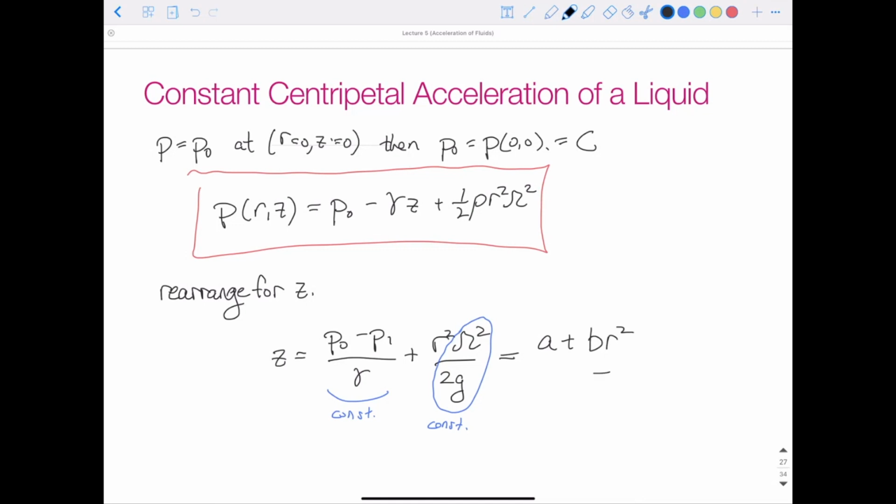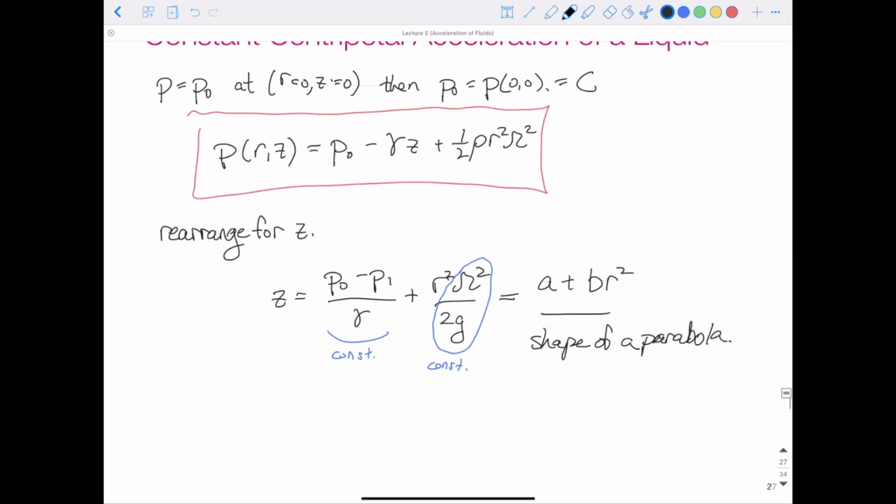And this is the shape of a parabola. So it's just a parabolic expression. So we know that the variation in z is linear and the variation in r is parabolic.